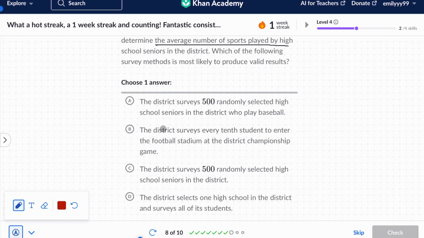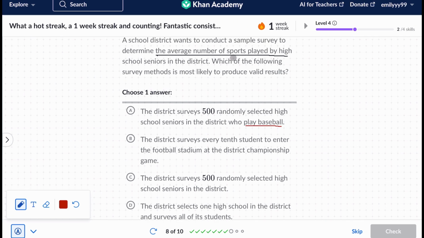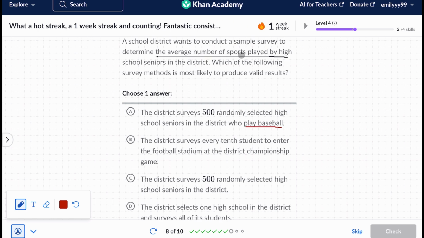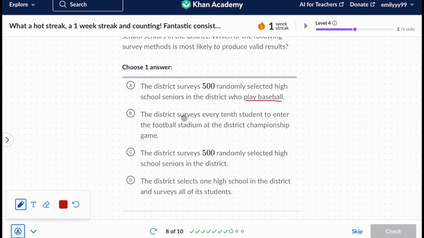A. The district surveys 500 randomly selected high school seniors in the district who play baseball. The question is about all sports, so if you're surveying people who only play a certain sport, that's not valid, so that's wrong.